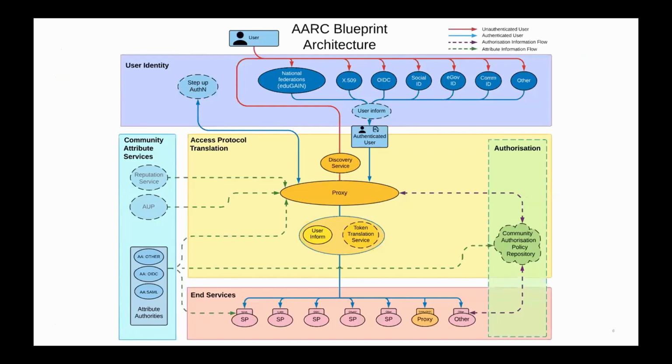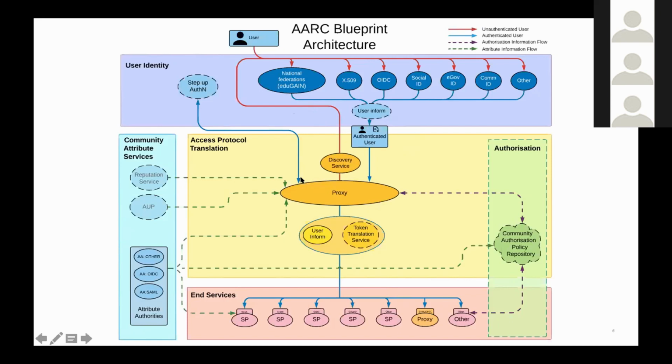The proxy itself takes the responsibility for providing the connection to the identity federations and EduGain. This reduces the need for each service having to separately connect to a federation or EduGain. Now, the first version of the AARC BPA that you see in this diagram was published in the summer of 2016. The current version of the BPA provides a more detailed architecture while retaining full backwards compatibility.